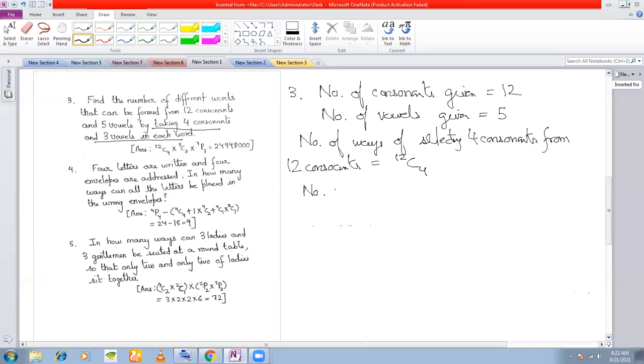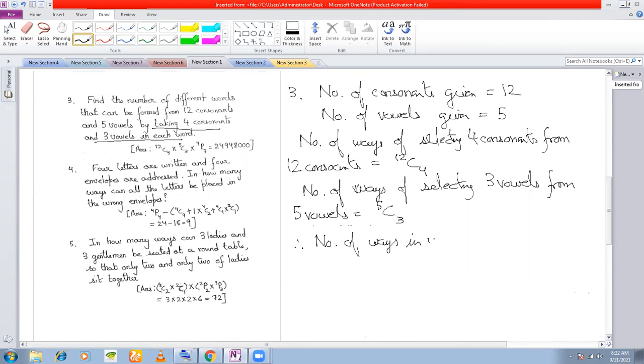How many vowels are there? 3 vowels. Total number of vowels is 5. So number of ways of selecting 3 vowels from total number of vowels 5 equal to 5C3.